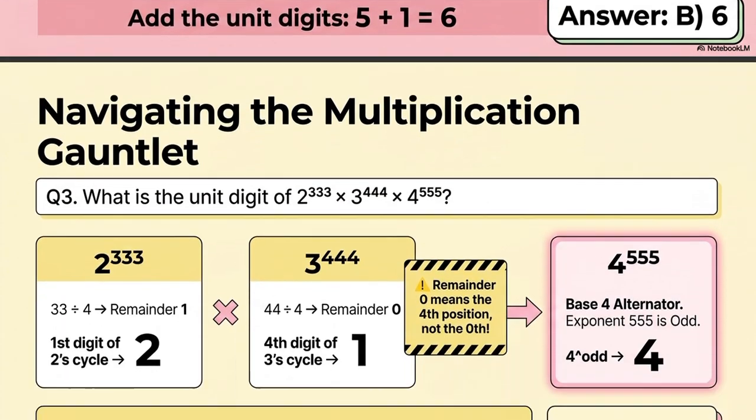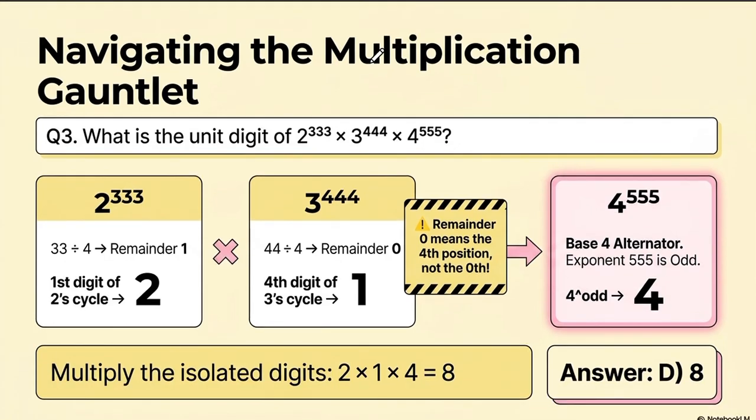Next question. We have to find the unit digit of 2 to the power 333, 3 raised to 444, into 4 to the power 555. Start with the first number. The base number is 2, and we know the cyclicity of 2 is 4. Now look at the last 2 digits of the power, which is 33.